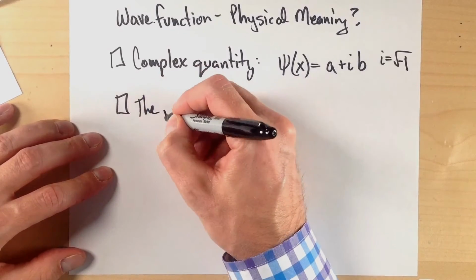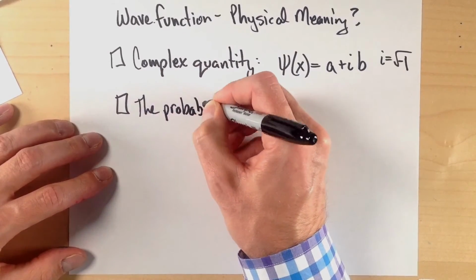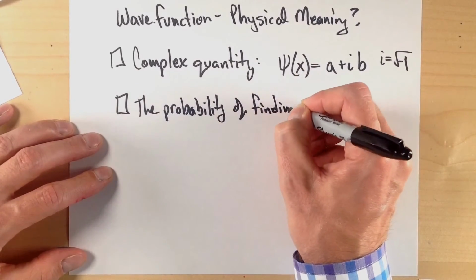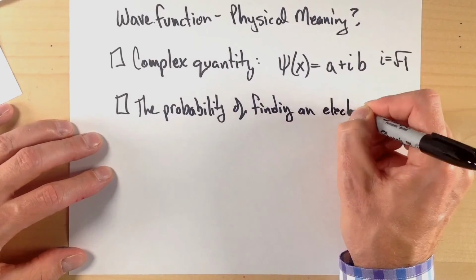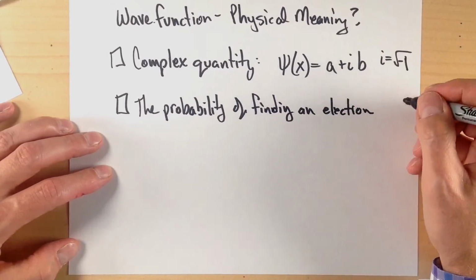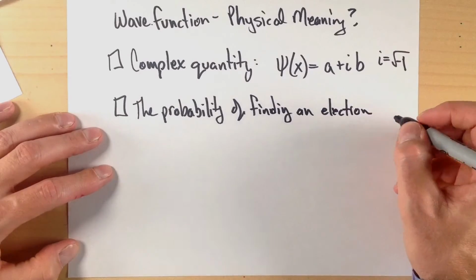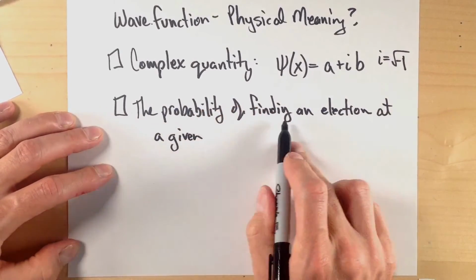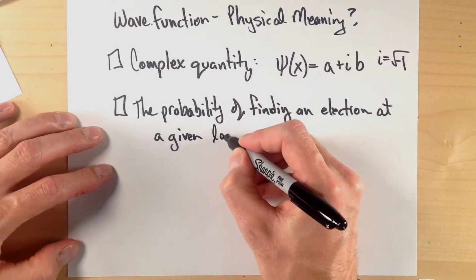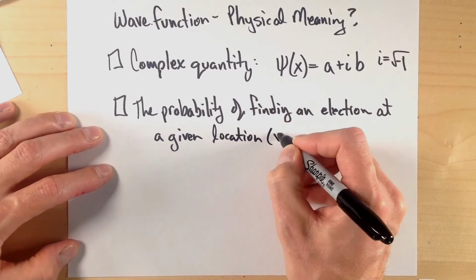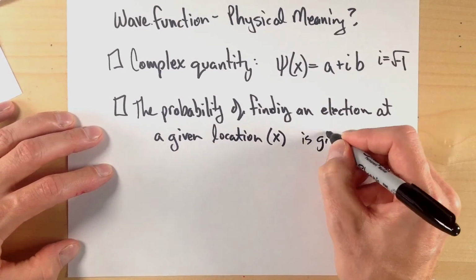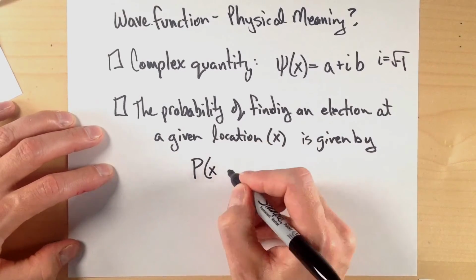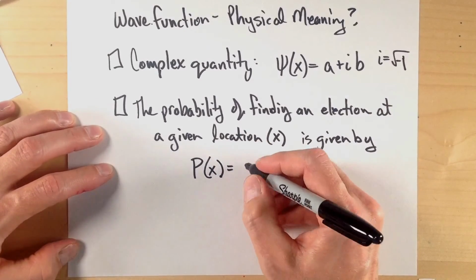And, as I've said, the probability of finding an electron, or any quantum particle that we're applying Schrödinger's equation to, the probability of finding an electron at a given location, for example, x, is given by the square. So again, this probability of finding it at a position is given by the square.